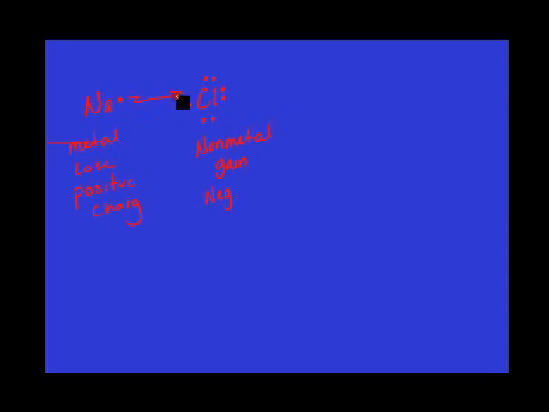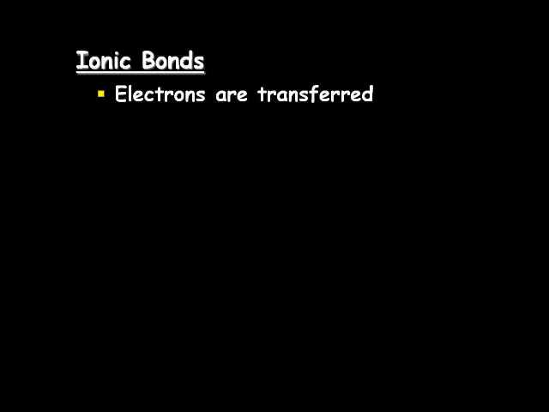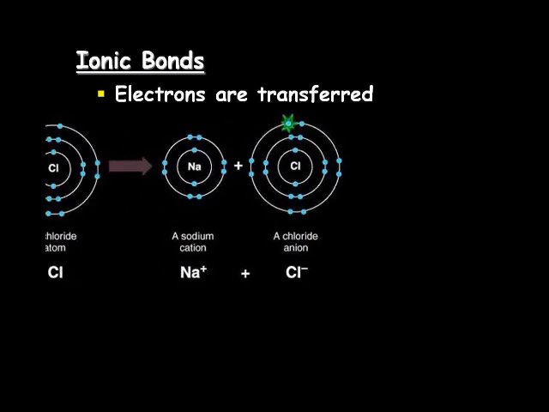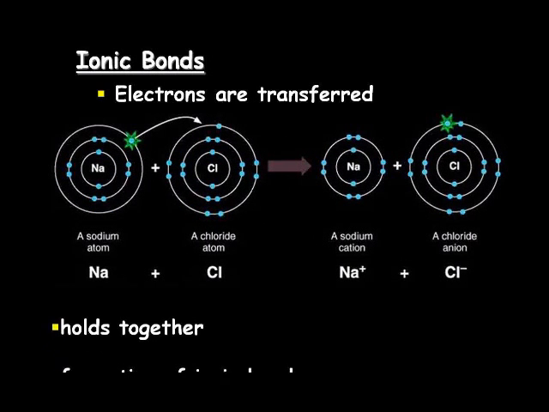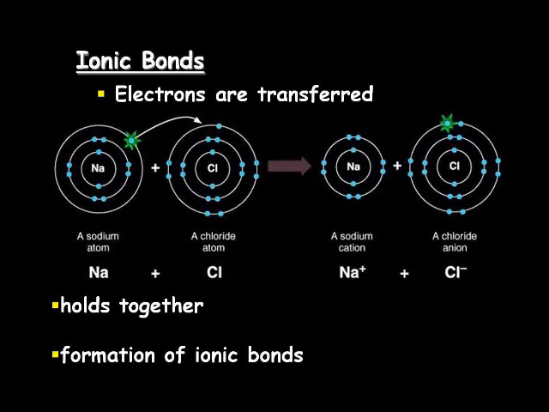So the 1 valence electron that is given up by sodium will be accepted by chlorine. This will create sodium with a positive charge and chlorine with a negative charge. Remember, in ionic bonds, electrons are transferred, and it's the electromagnetic forces that hold this compound together. The formation of an ionic bond is always exothermic, meaning that energy is going to be released.